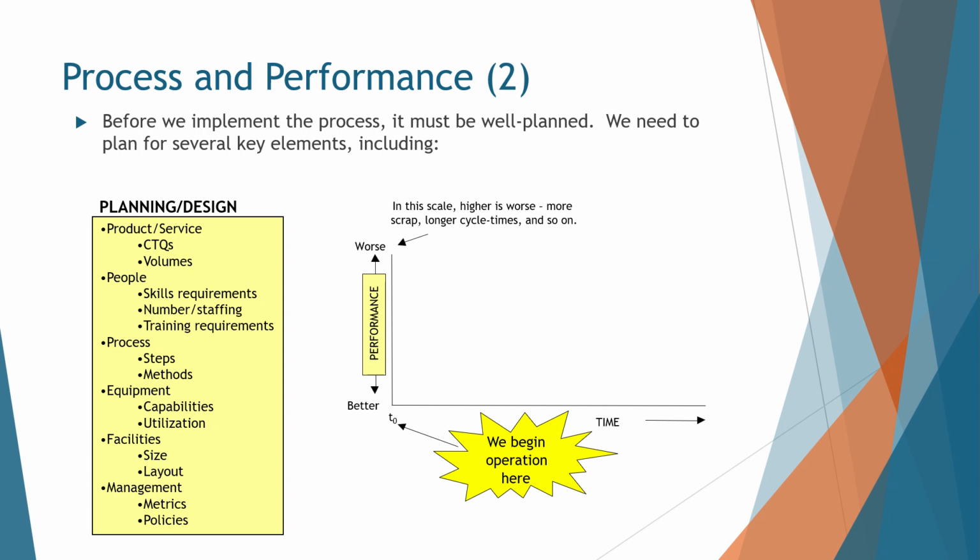In this scale, higher is worse, more scrap, longer cycle times, and so on. So we want to get to better. We will plot performance over time here. We hope that it does decrease over time and that performance improves.